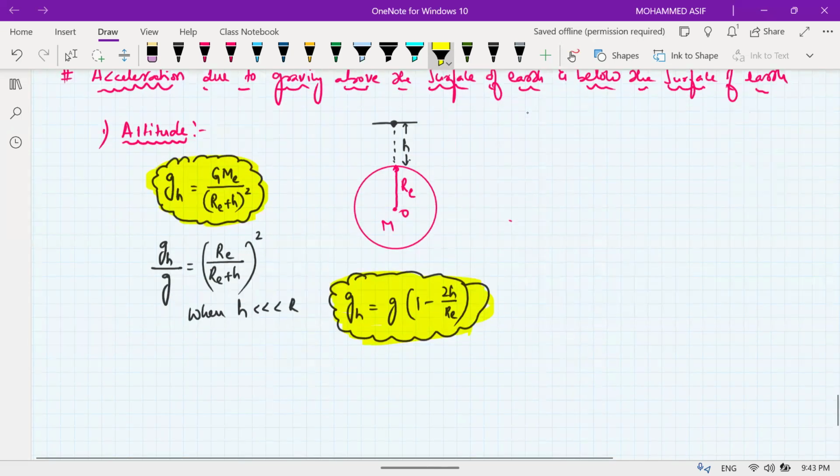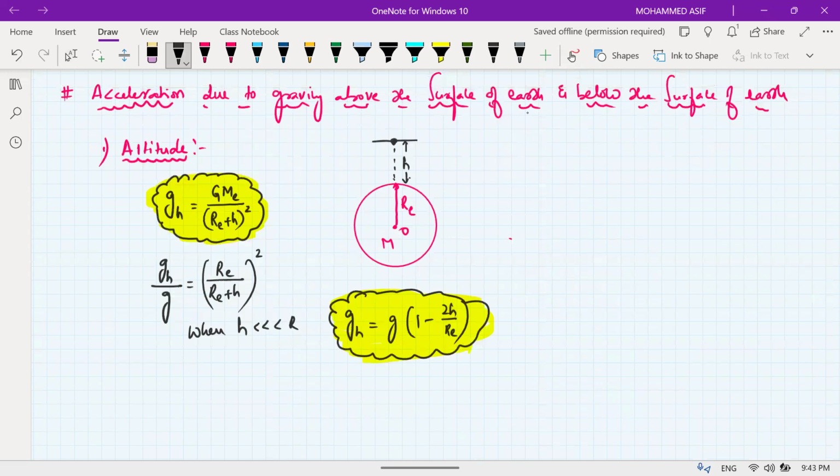Clear? Now see, if he is asking the decrease in the value of g with height h, what will be the answer? The decrease is given by the formula g minus g at a certain height.